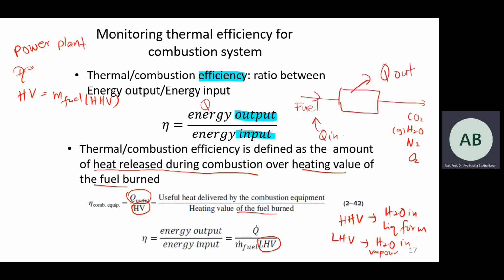Let's say a furnace to heat up the boiler. The water vapor released from the furnace after that will be condensed. So in the power plant, they consider using HHV.